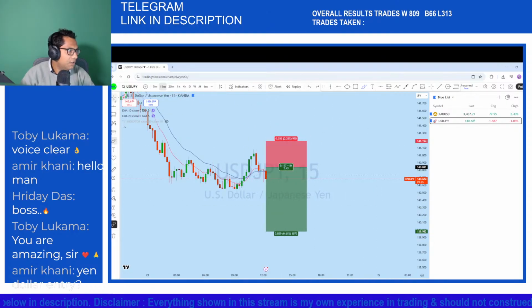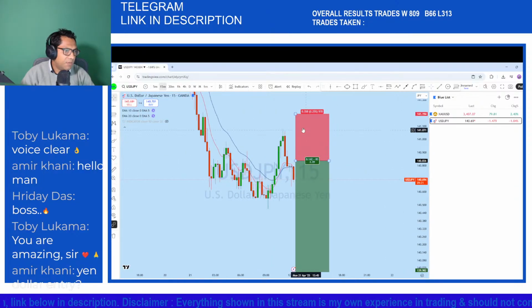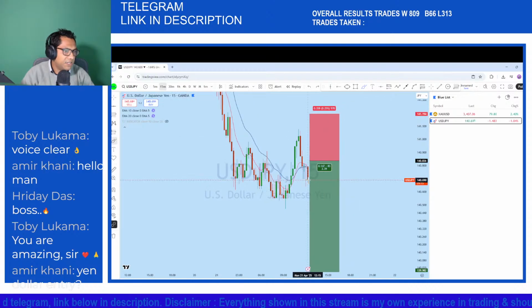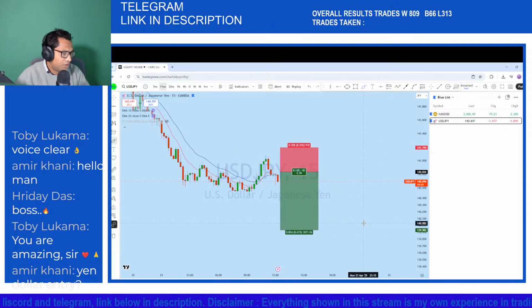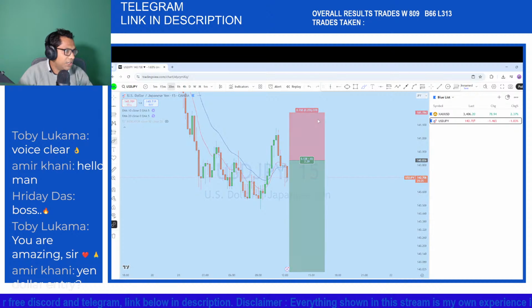So here is what we can see, the market with multiple liquidity grabs, expecting the price to potentially trend towards the downside to create a new lower low in this market. So let's wait to see.